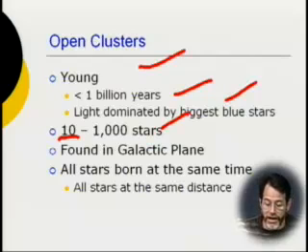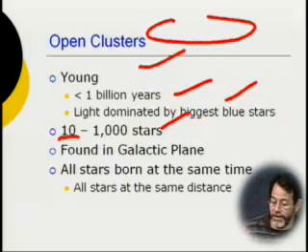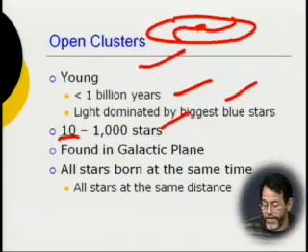Now here's something interesting. Open clusters of stars in our own Milky Way galaxy are found confined to the plane of our galaxy, so we don't see them well outside the plane. Our galaxy is a spiral galaxy, and one can see spiral arms, well, not as easily as we can see in other galaxies.